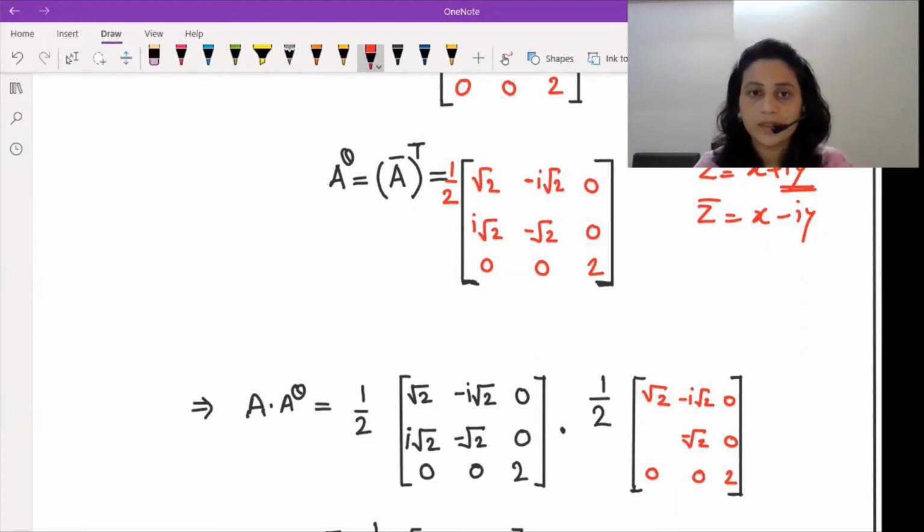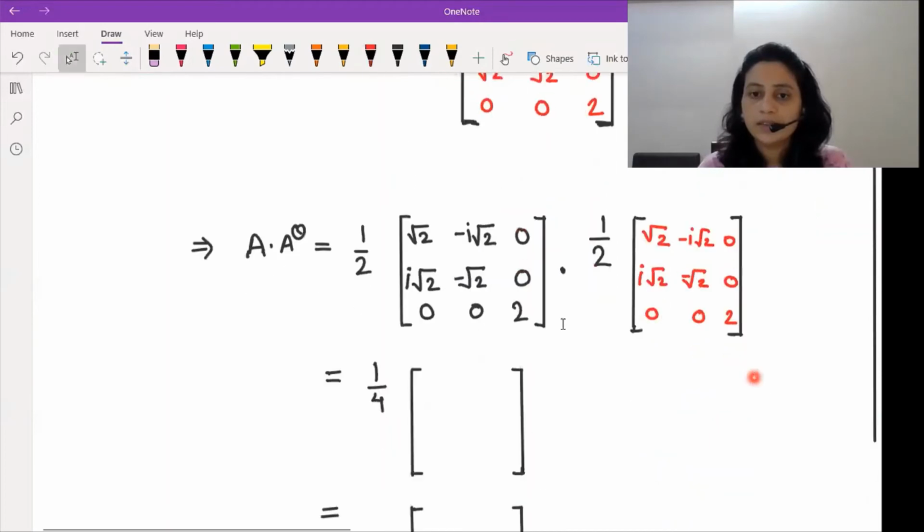Now let's take the multiplication, or product, of these two matrices. So 1 by 2 and 1 by 2 will become 1 by 4 here. Then the product of the first row with the first column, the first row with the second column, and the first row with the third column will give us the first row.